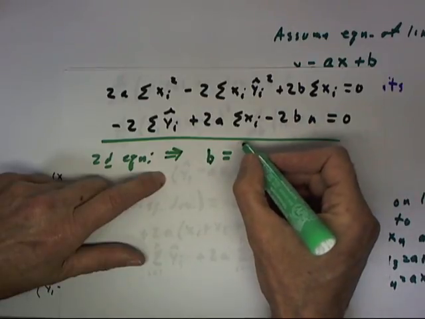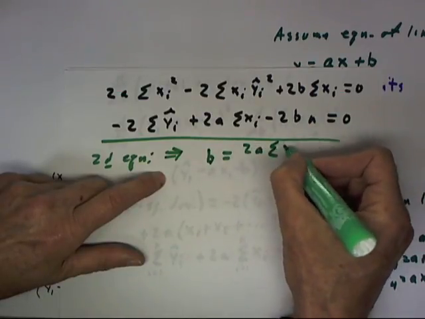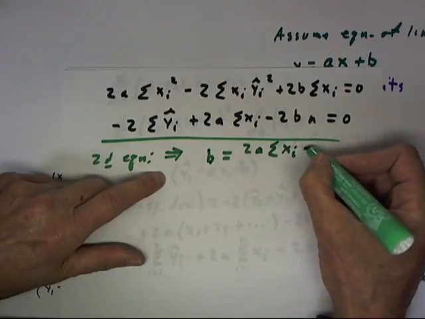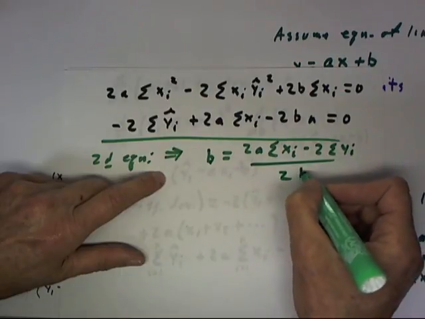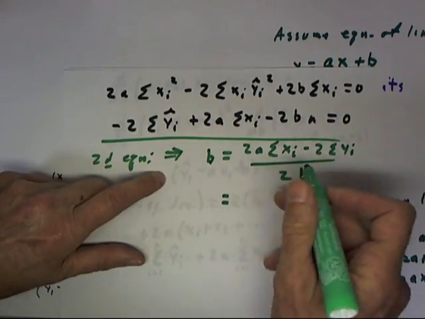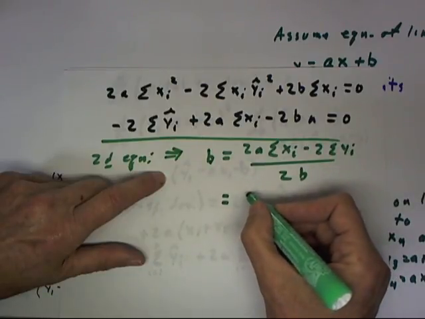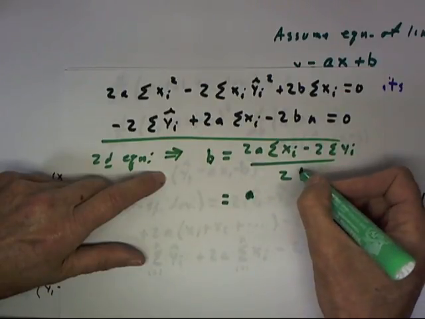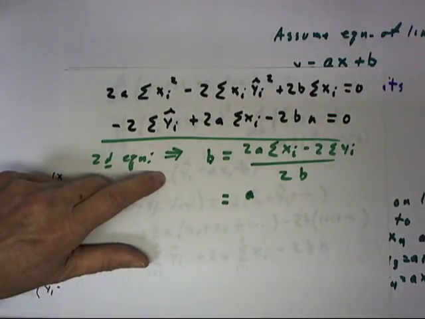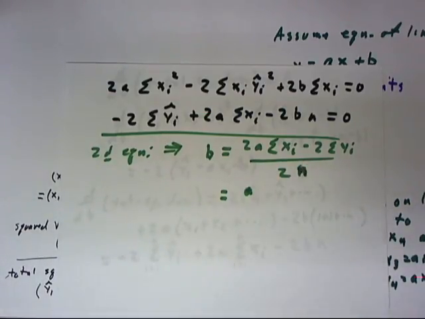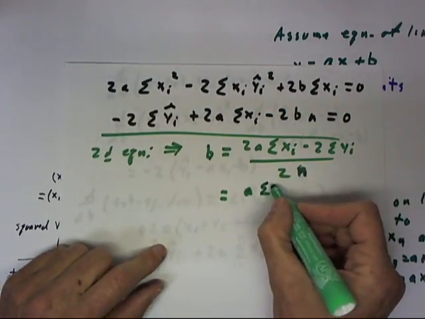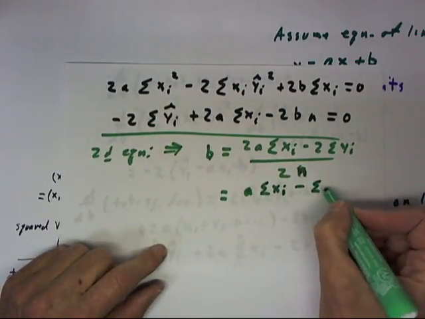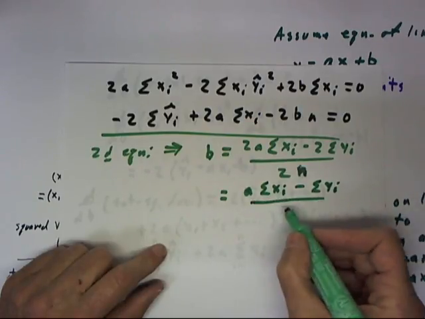We're going to end up with, I believe, 2a times the sum of our xi's minus 2 times the sum of our yi's, all divided by 2n, so that b is, the 2's all divide out, nothing but a times the sum of xi minus the sum of yi, divided by n.